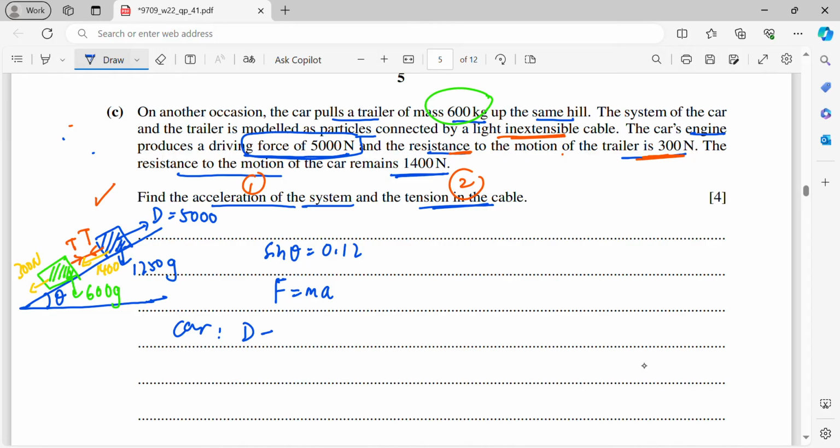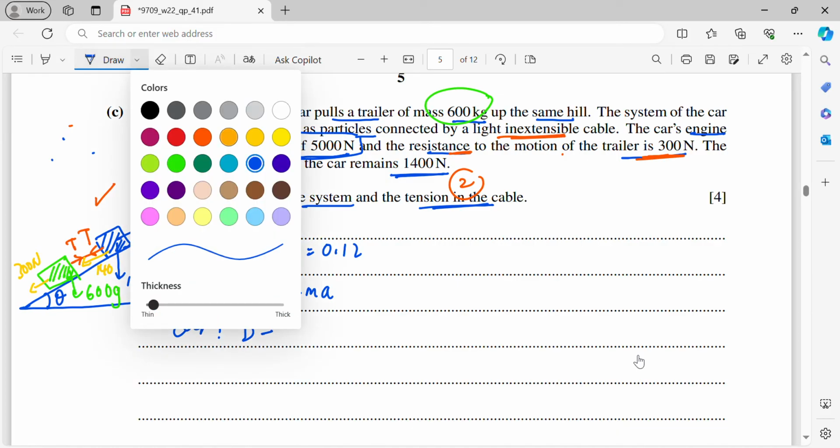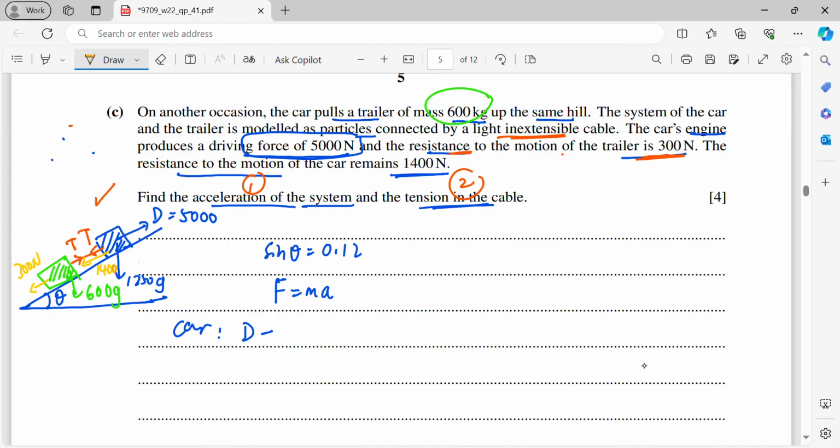Again, here is my theta. When I resolve the weight along the plane, that is in the opposite direction of D, and then I will have the T and the 1,400.